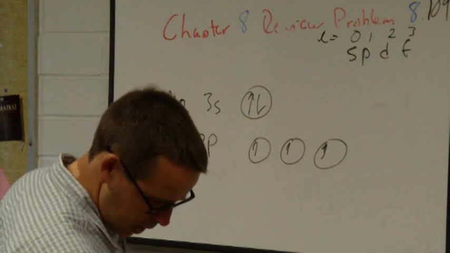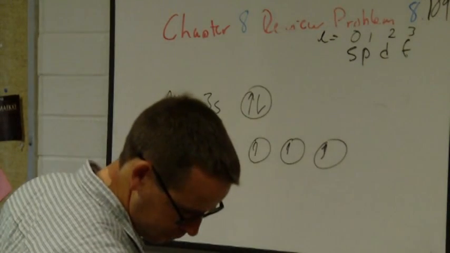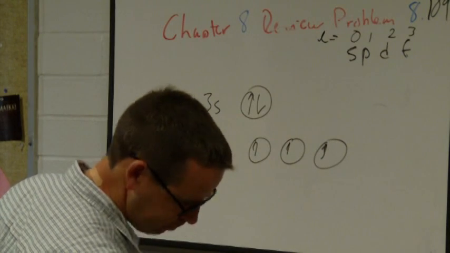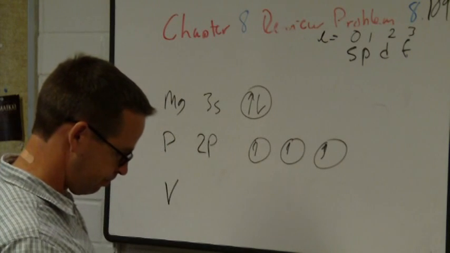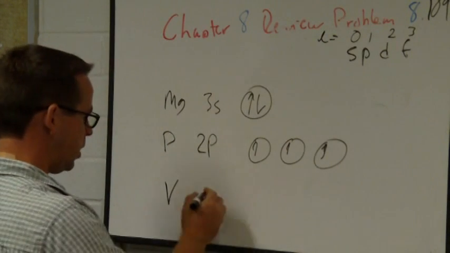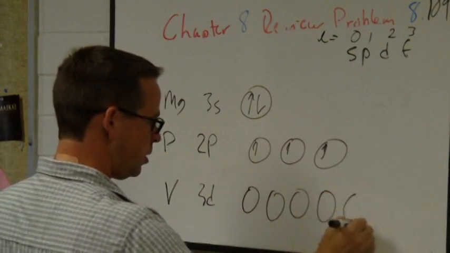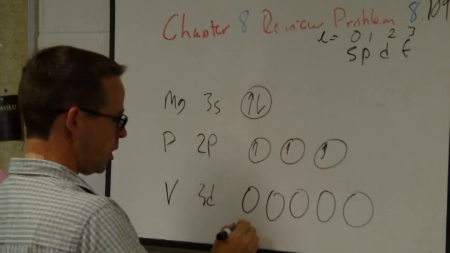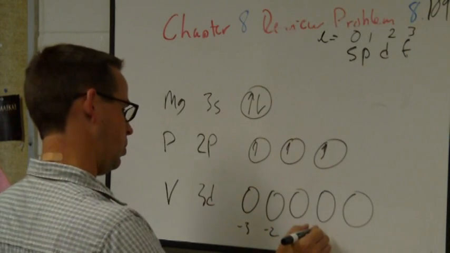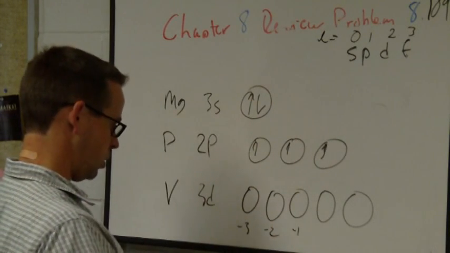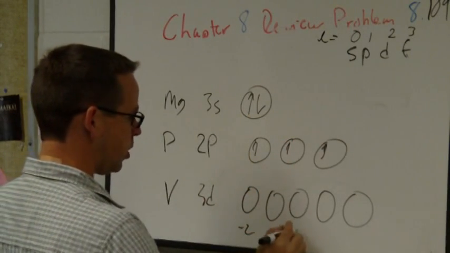What's next? Vanadium. So we have the d orbital, it's the 3d, and the m sub l values for l equals 2 are -2, -1, 0, 1, and 2.